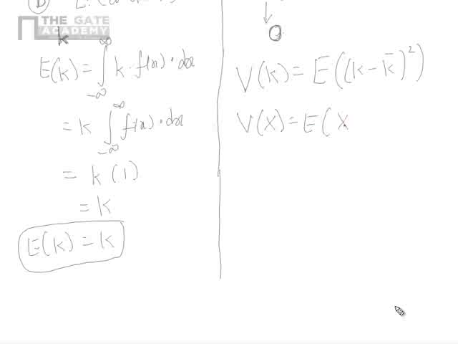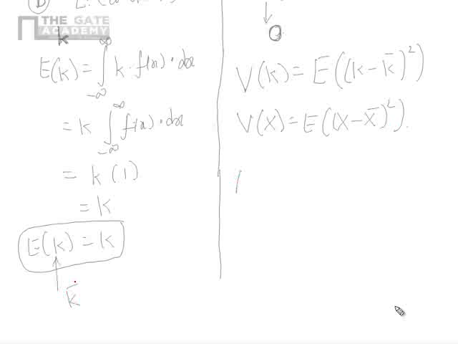Clear? Now what is the variance of a constant? What is V of k? By definition, it is nothing but the expectancy of k minus k bar the whole square. Because variance of x is defined that way: variance of x is nothing but the expectancy of x minus x bar the whole square. What is k bar? E of k is k bar.